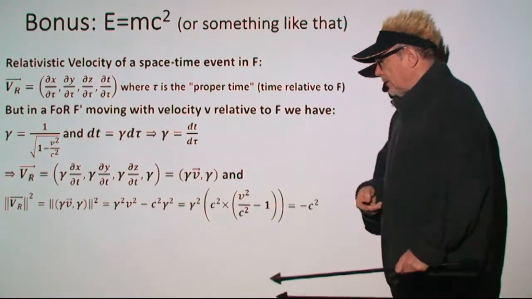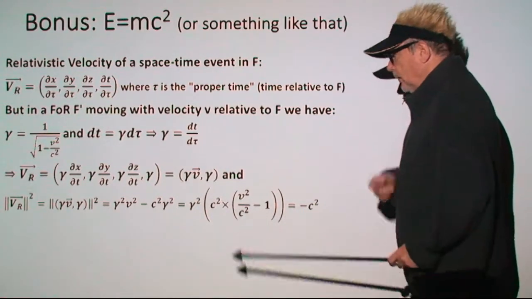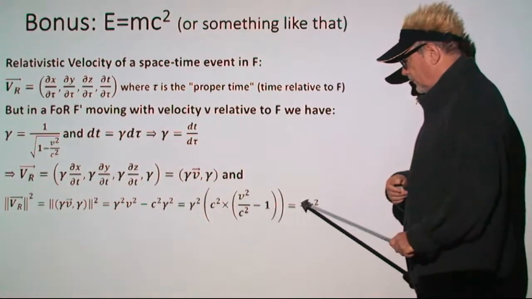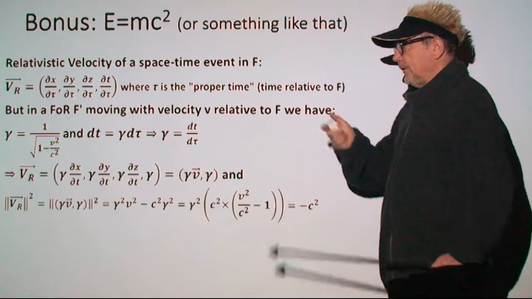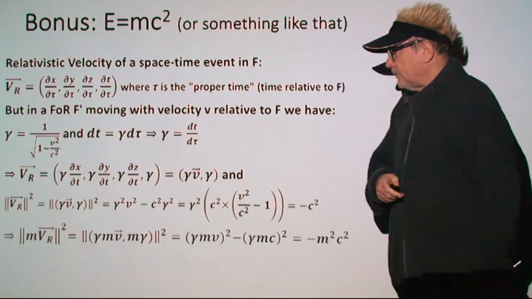Then you factorize gamma squared and you get minus c squared. Don't worry, this is a square and this is a negative number, but we're using complex numbers here, but let's not confuse ourselves with this anymore.